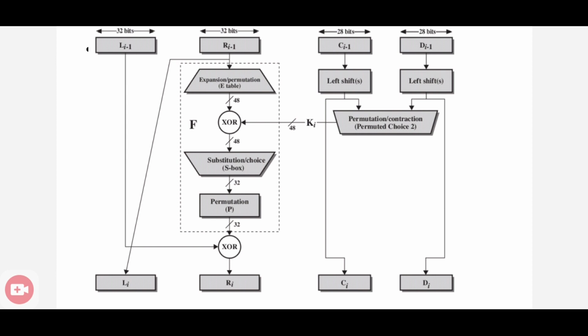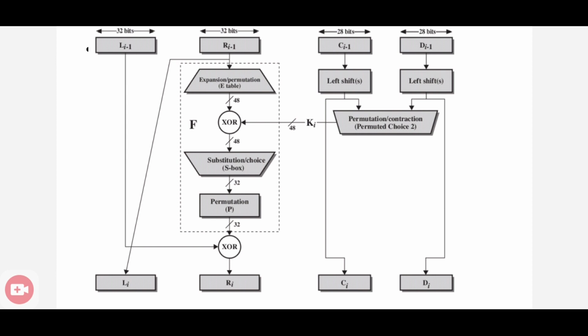Then how are we getting this subkey as 48 bits? Originally, we take a 64-bit key. After the first permutation, permuted choice 1, we get 56 bits, right? Then this 56-bit is divided into two, 28 bits and 28 bits, and we perform a circular left shift on both sides.